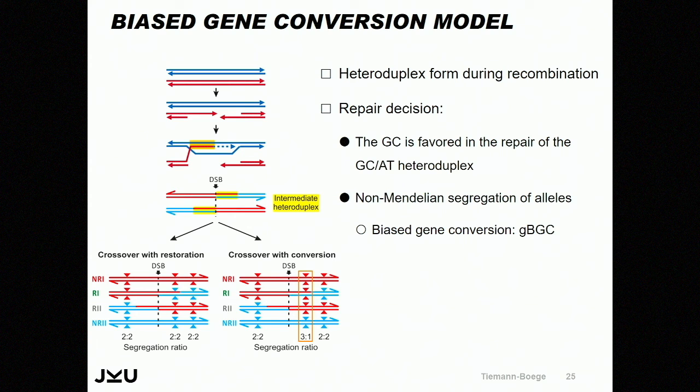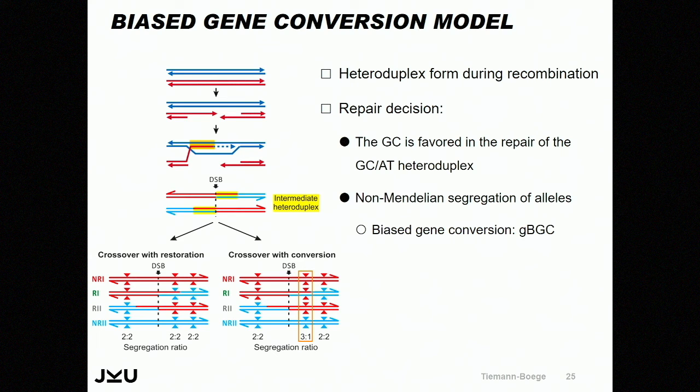We also know that the mismatch repair machinery usually prefers to remove the Cs or the As because of these deamination problems. So this is a natural system that will leave the guanine or the cytosine in the strand and remove the adenine or thymine at an AG mismatch or CT mismatch. And this leads to what we call biased gene conversion.